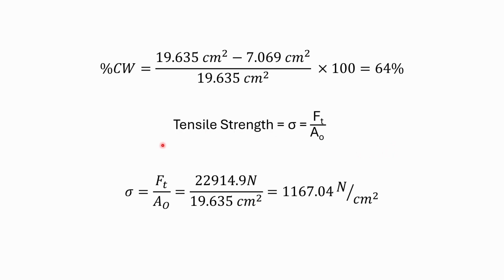We can also find the tensile strength, and we did this using the values that we found in Project 1, and we end up with 1167.04 newtons per centimeter squared. And now I'll hand over the presentation to Caleb to talk about the aluminum dagger.